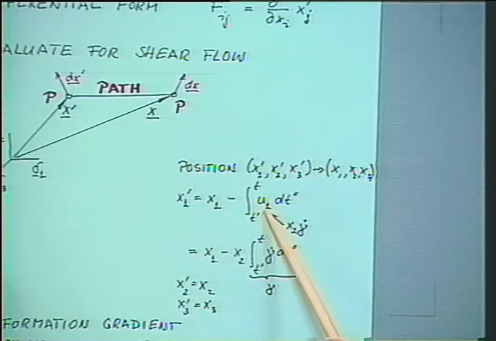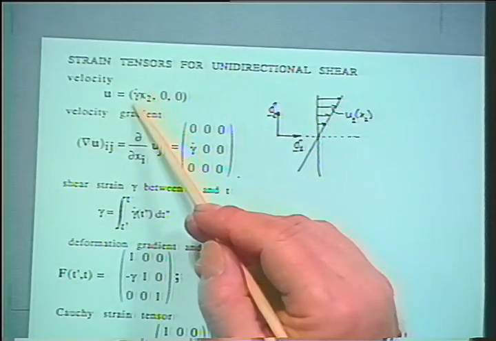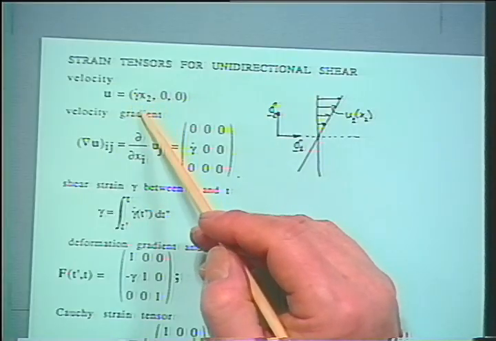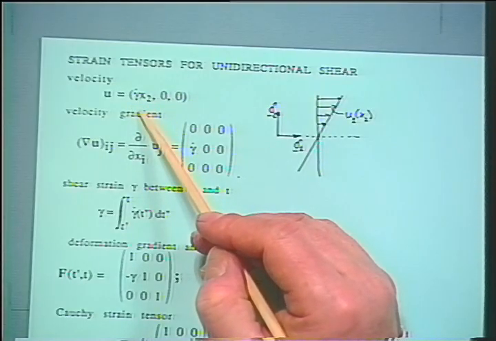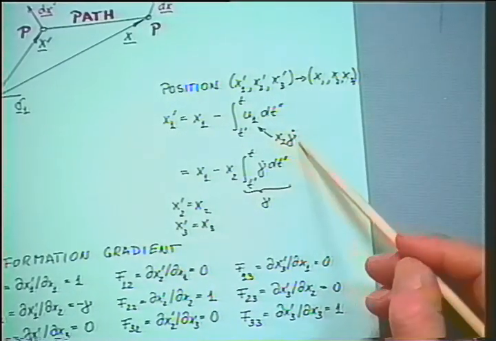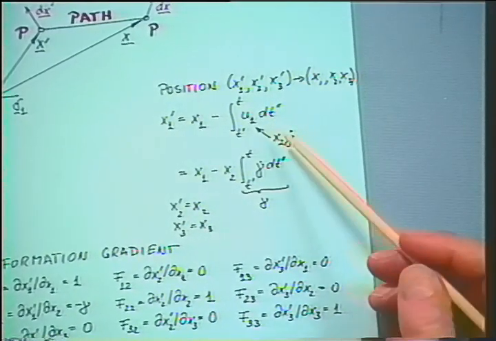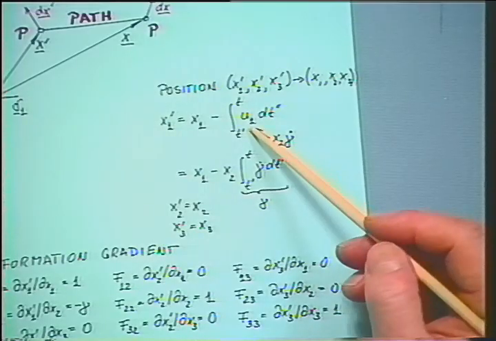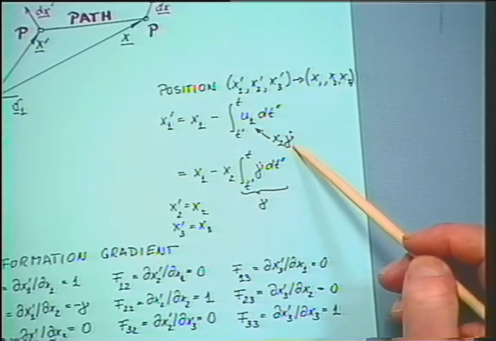Now, this velocity is given, in shear flow, let me remind you of our components here. For shear flow, we have gamma dot times x2, that's our velocity component in one direction, which we are going to use. It depends on the x2 position and depends on the shear rate of our experiment.